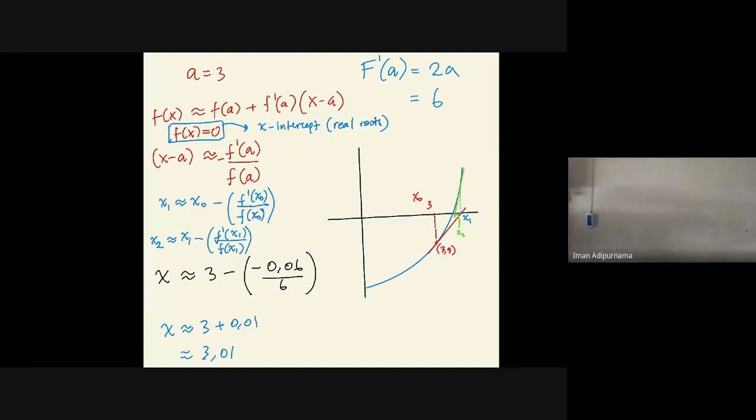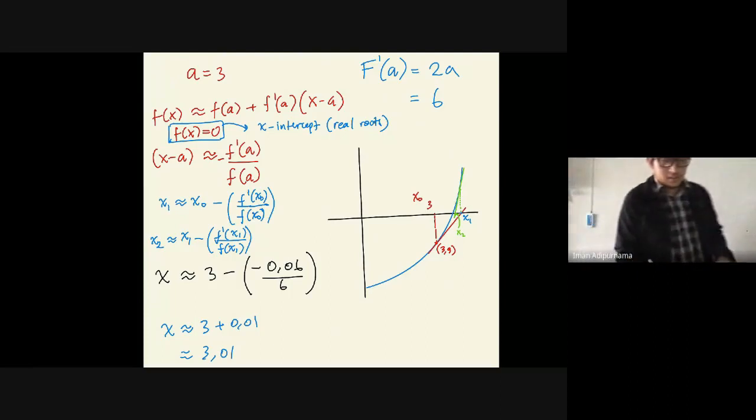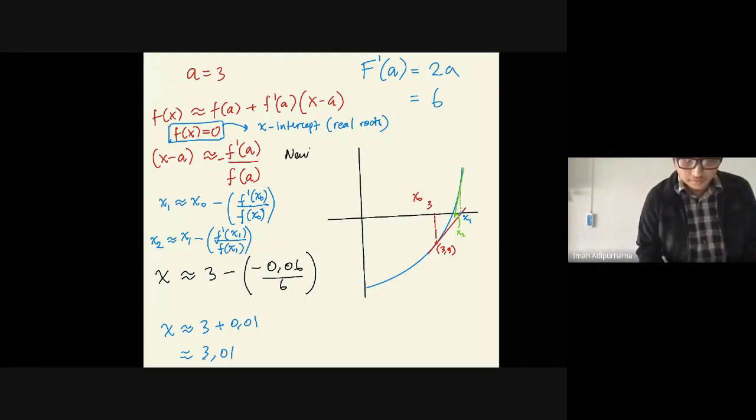And then you can have more and more, like x3, x4, x5, getting closer, closer, closer, and you are cutting the x. And that is called Newton's method.